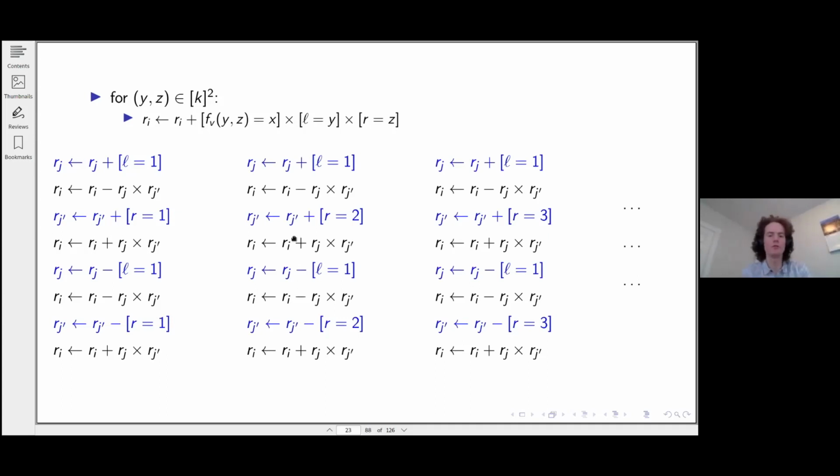The observation here is it would be really nice if we could parallelize this so that we don't need to make quite so many subroutine calls. And it turns out that you can actually make a parallel version of this if you do a trick of computing all of these indicators at once.